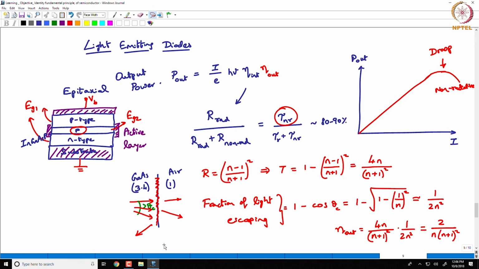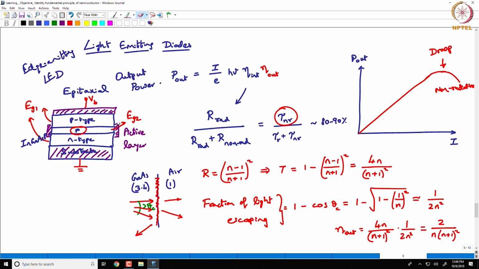So, this sort of structure would be known as an edge emitting LED, right. So, in an edge emitting LED, let me just make sure we are not getting confused by this.